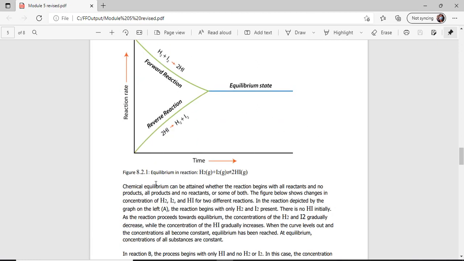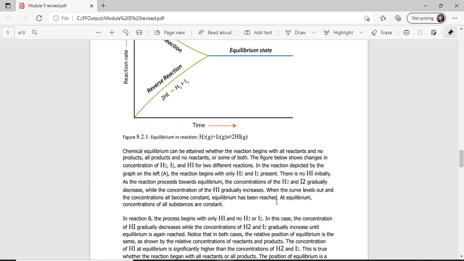Or both. The figure below shows the changes in the concentration of your hydrogen and iodine, and also your hydrogen iodide, for two different reactions. In the reaction depicted by your graph in letter A, the reaction begins with only hydrogen and iodine present. There is no HI initially.